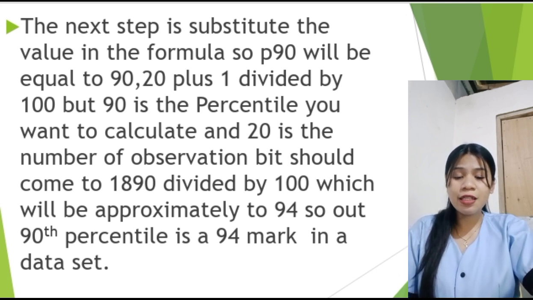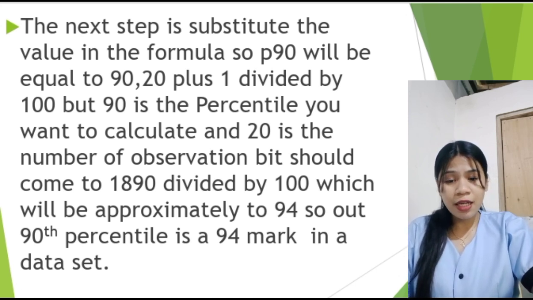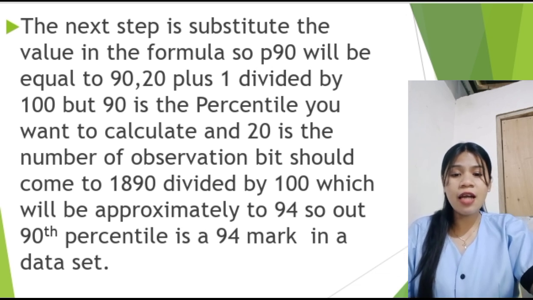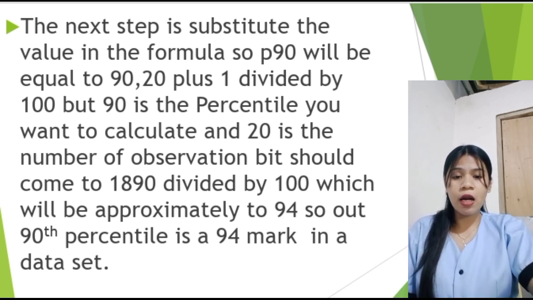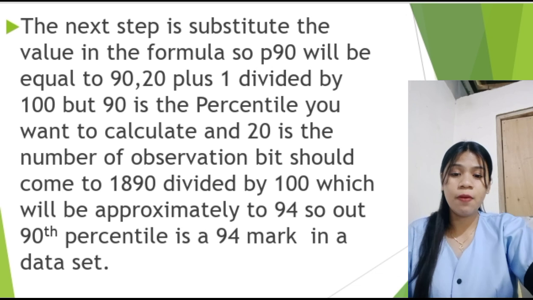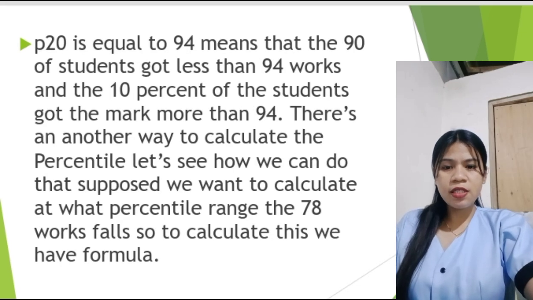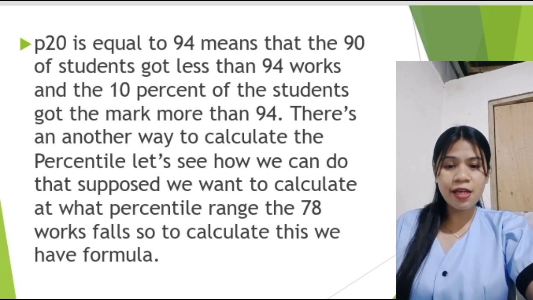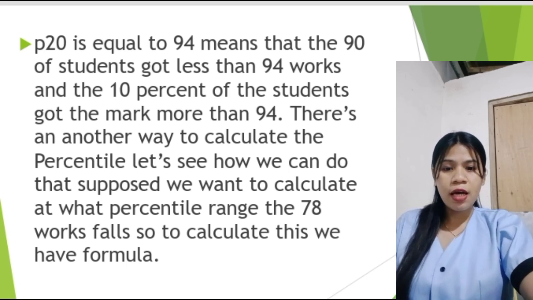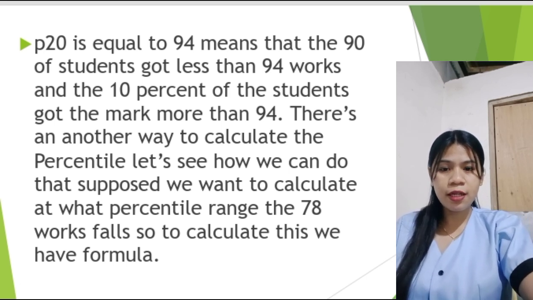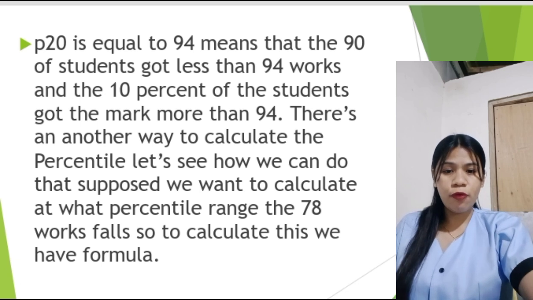So our 90th percentile is a 94 mark in the data set. P90 equals 94 means that 90% of students got less than 94 marks and 10% of the students got marks more than 94.